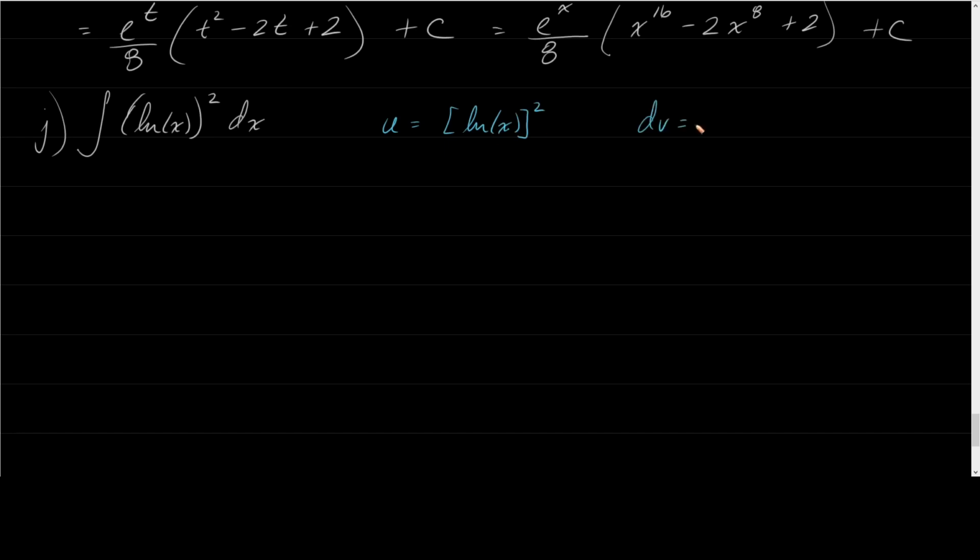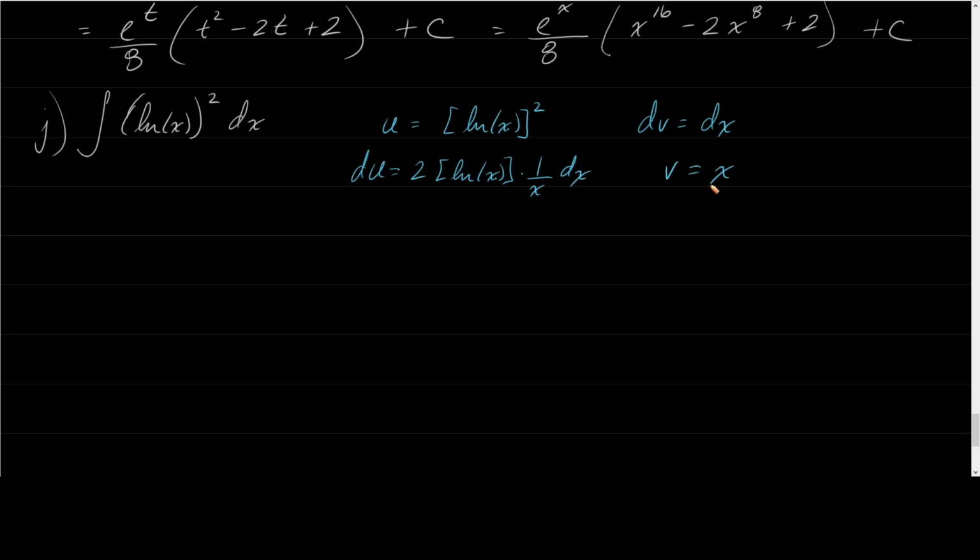And then our dv is just going to be the rest of it, which is dx, right? Now, at that point, what we need to do is figure out what du is. So we're going to find du, and that's going to be 2 times ln of x times 1 over x dx. And v would just be x, all right?